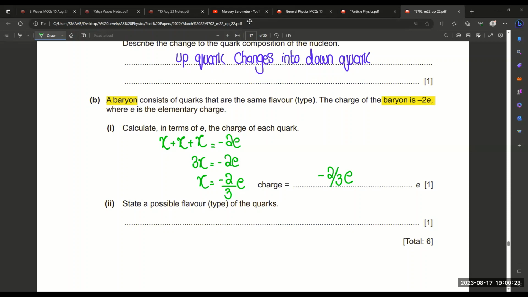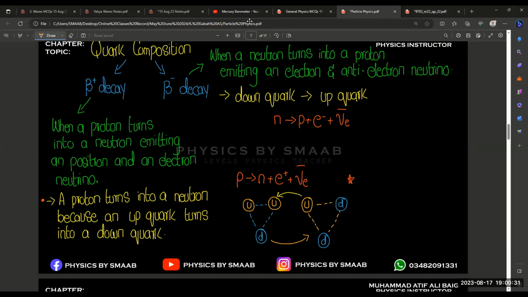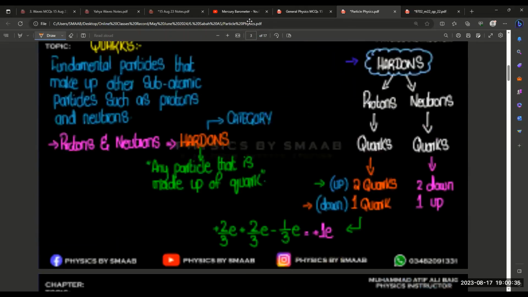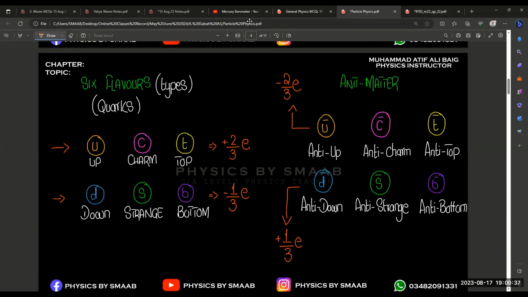Anti-up, anti-charm, and anti-top, right? Because we studied about them. We know 2 over 3 is for up, charm, and top. So we are getting minus, which means anti-up, anti-charm, anti-top. It may be any one from this section, right?